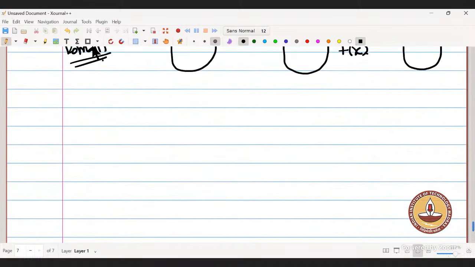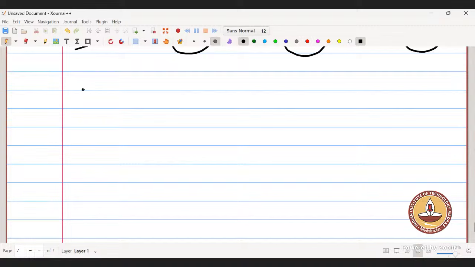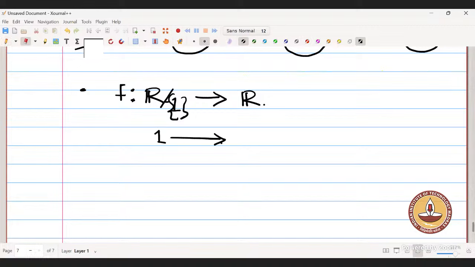For example, if I consider this map, let's say f from R minus 1 to R, x goes to 1 by x minus 1.